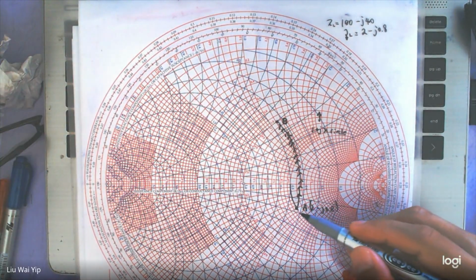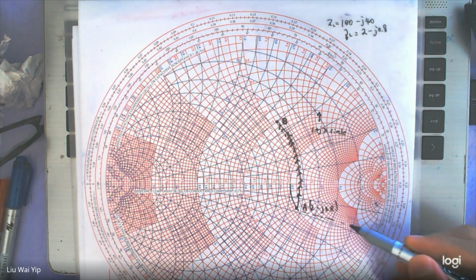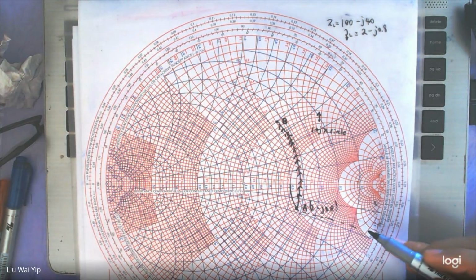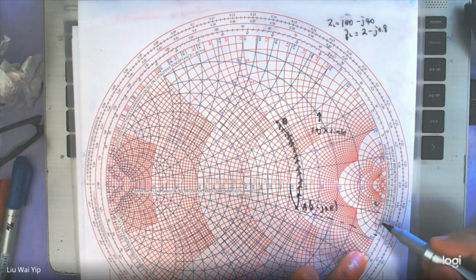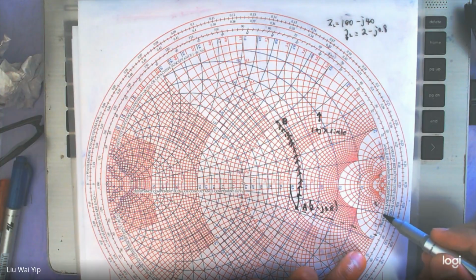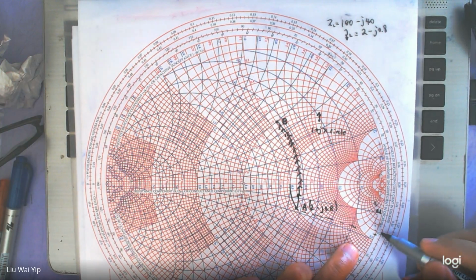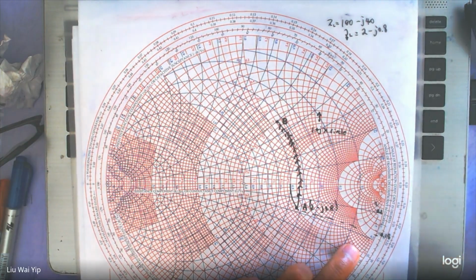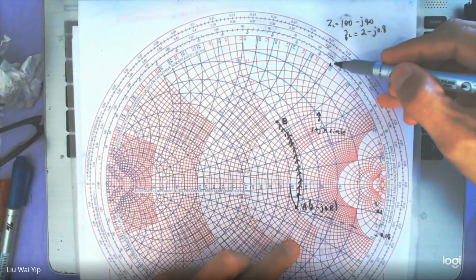So from A, you need to read from the Smith chart here. So here, if my understanding is correct, is about 0.1. So here is about 0.18. And here is about 0.5.